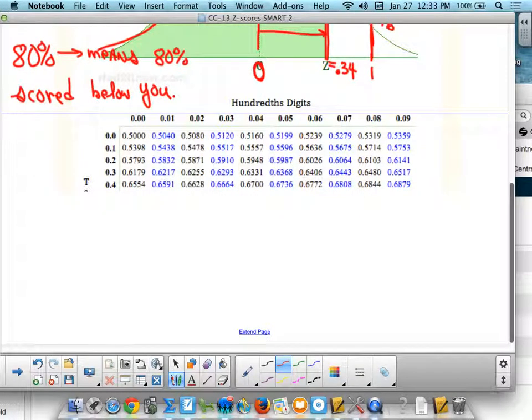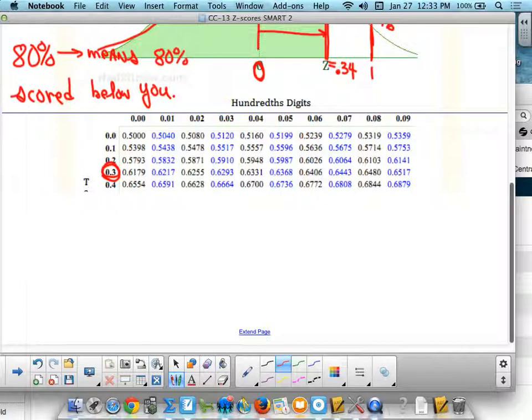Since I said 0.34, you got to look at right here. Here's your 0.3. Are you guys looking on your yellow sheet of paper? Look at your positive side. The positive side will be to the right of the average. It has a picture on the top. The negative side will be to the left of the average. There's two sides. So you look for 0.3, then you look for point what?